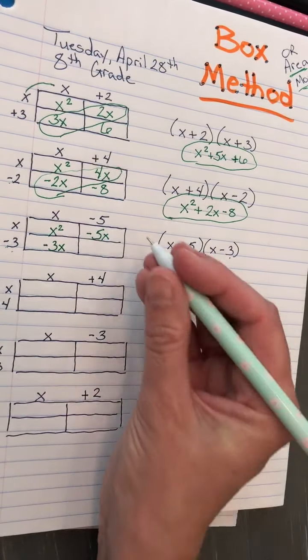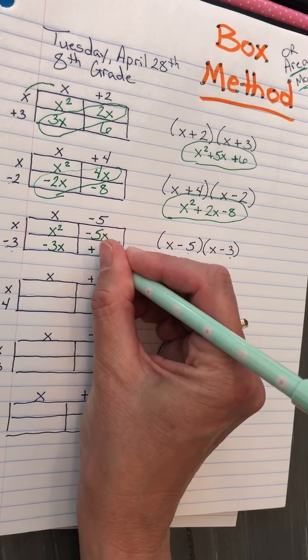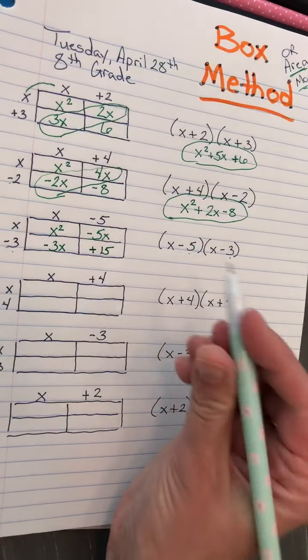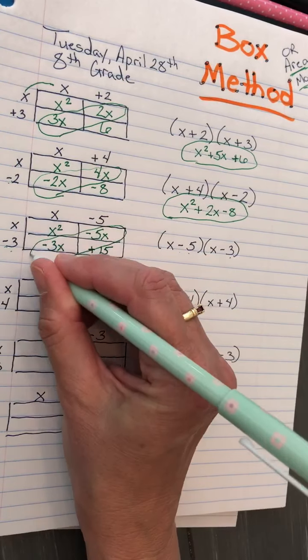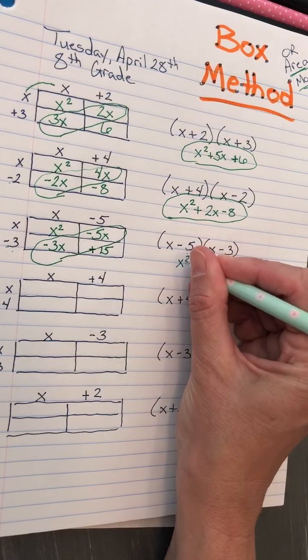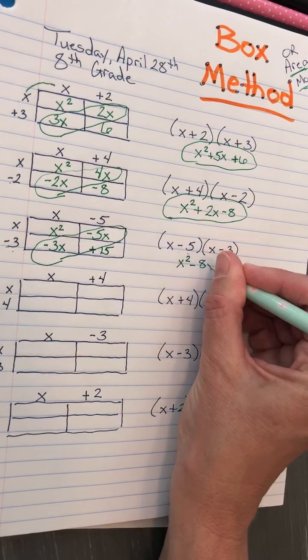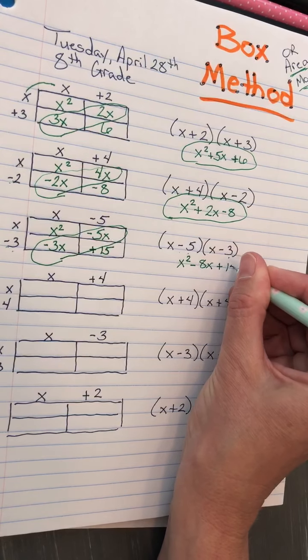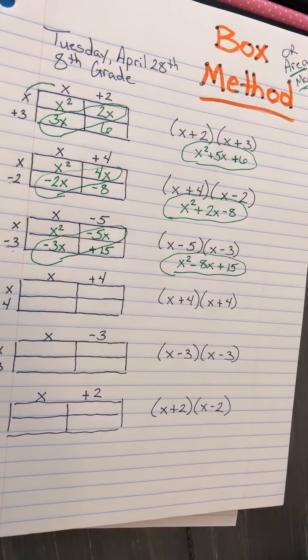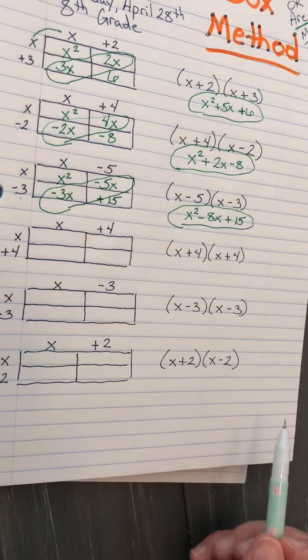Negative 3 times negative 5 is a positive 15. I like to put the plus sign. We're going to combine our like terms, and we would get x squared minus 8x plus 15 as our final answer. We're going to do 3 more quickly.